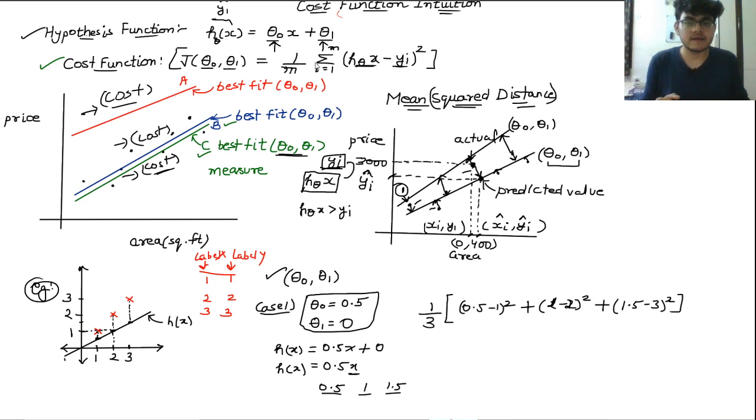And since the 2 will come here, it will be difficult for us to plot such a slope, because the derivative gives us a slope. So in the cost function we divide it by 2. Dividing it by 2m does not change the cost for a particular case, it changes all the costs. And since cost is just a comparison value, it does not matter if we divide it by 2m or not.